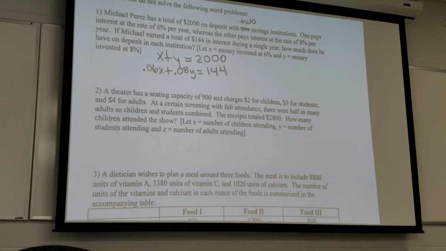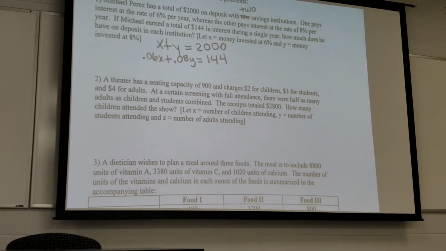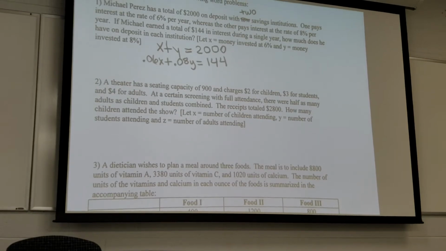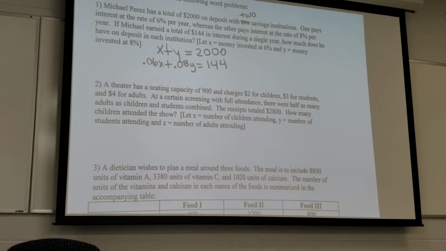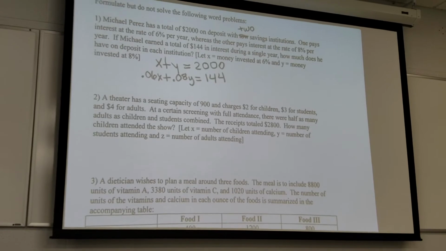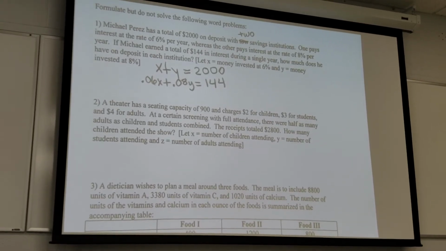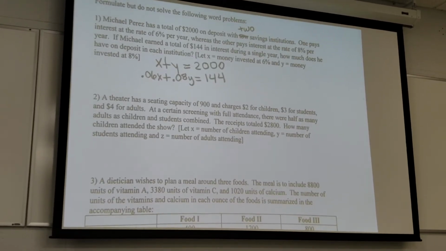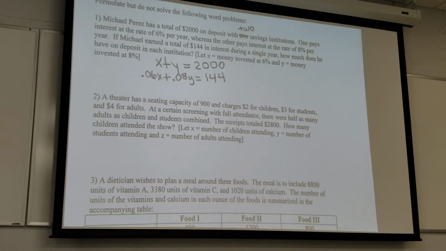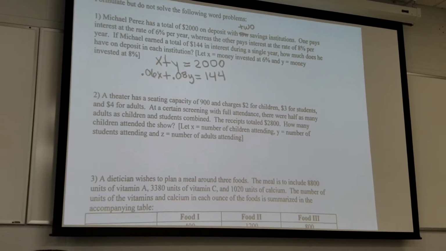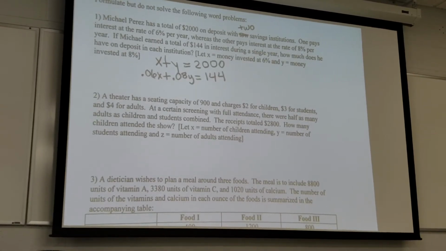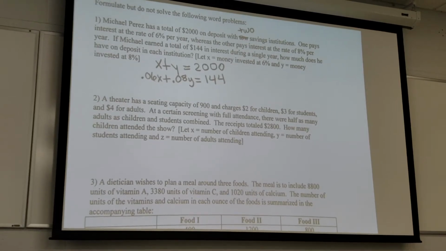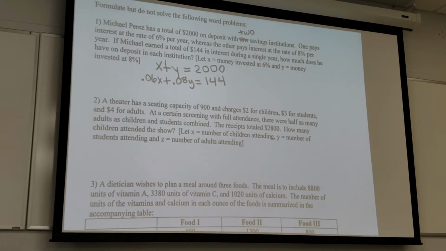If it doesn't, you have the wrong answer. When you put the point in, it has to satisfy both equations. If you were doing 3 equations and you came up with x, y, z, it would have to satisfy all 3 equations. If it didn't, it's not the answer. All right?